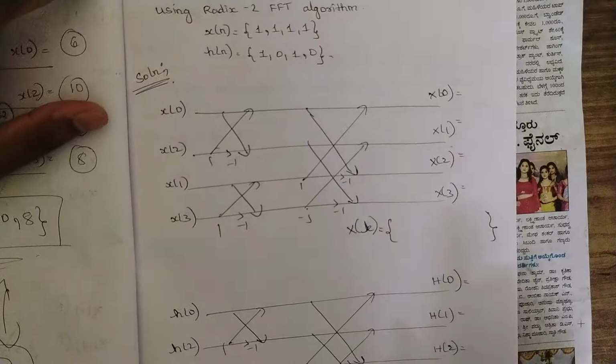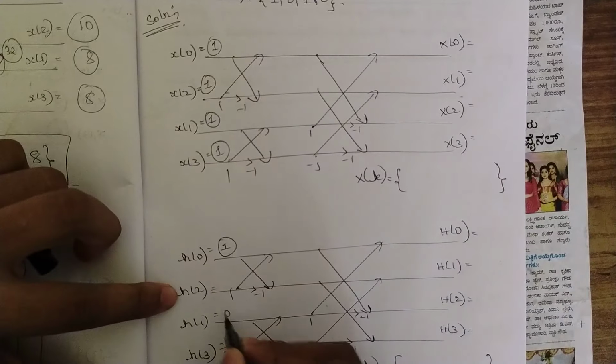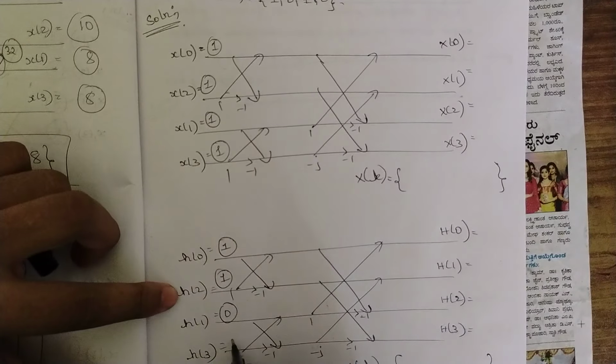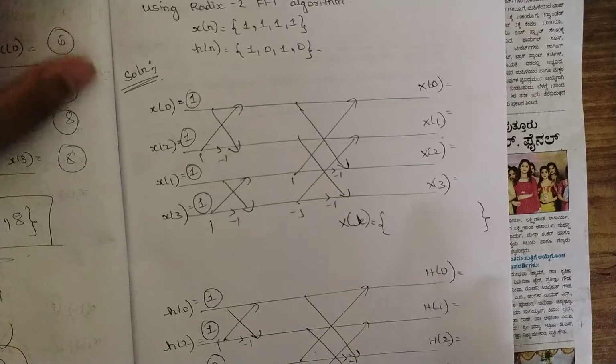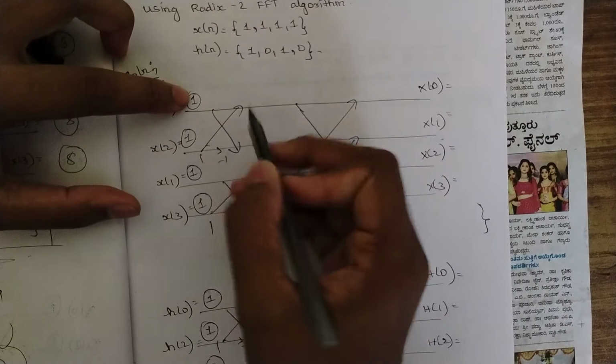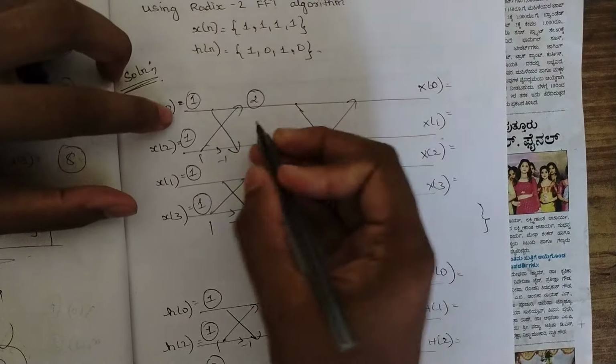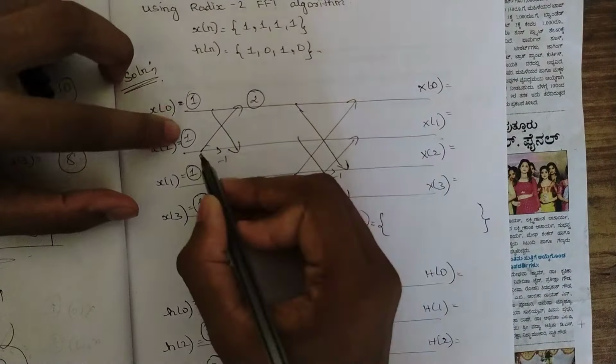So the values are 1 1 1 1, so you can directly write it. Here it is 1 0 1 0 1 0 1 0. Now let's solve. 1 plus 1 into 1, that is 2. -1 plus 1 is 0. 1 plus 1 is 2. -1 plus 1 is 0. So 2 0 2 0.